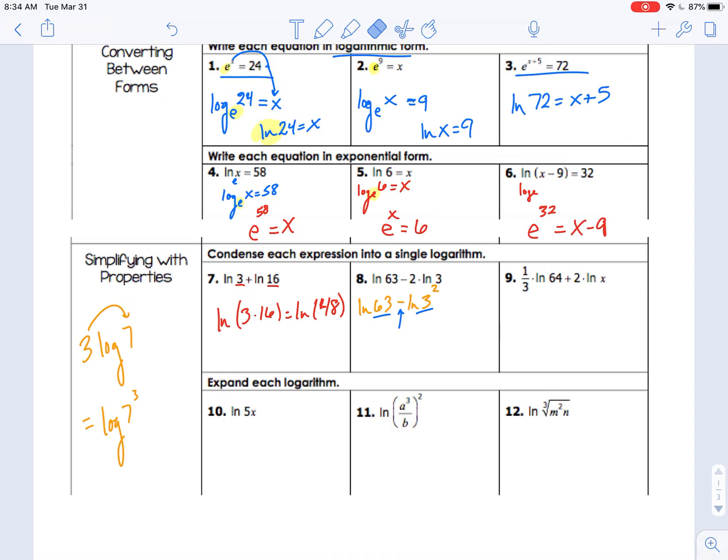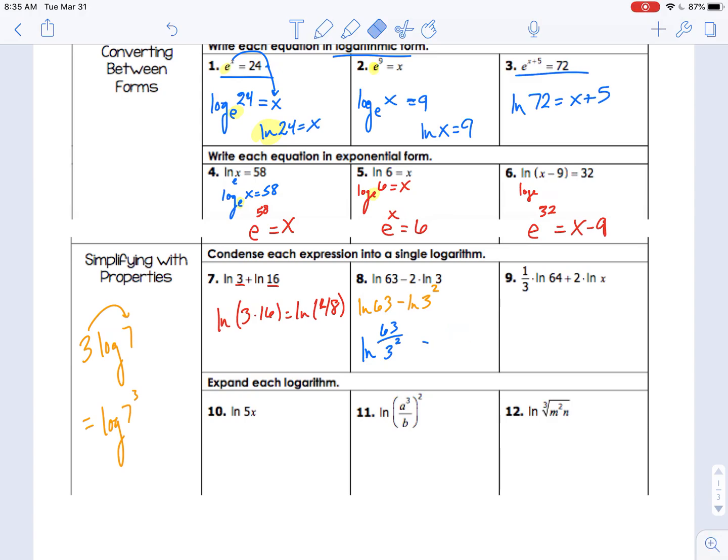And what operation is going to go with subtraction? What am I going to do with these two numbers within the natural log? Well, if I'm subtracting, then I'll divide. So I can write this as natural log of 63 over 9, or 63 over 3 squared.